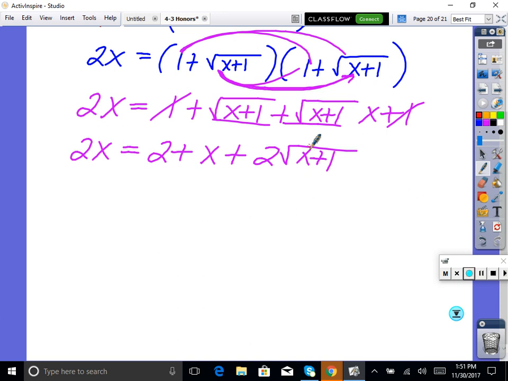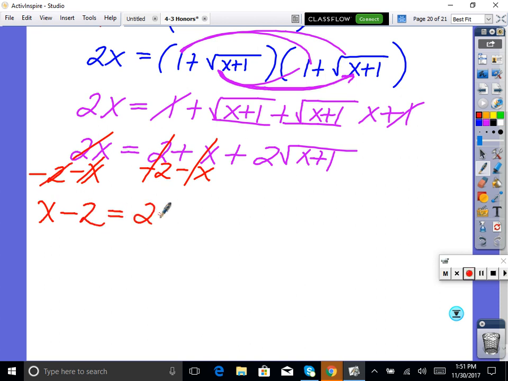Next step, isolate the radical. We have a new radical, but it's okay. Let's isolate it. So I'm going to bring these over away from the radical. Subtract 2, subtract x. Now look, combine like terms. 2x minus x is 1x minus 2 then equals 2 square roots of x plus 1.